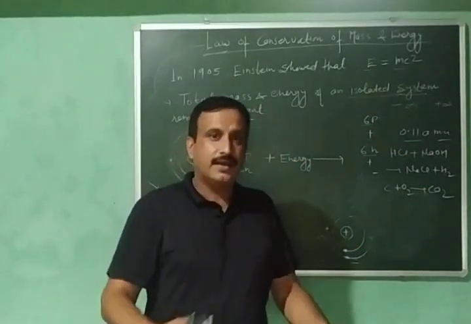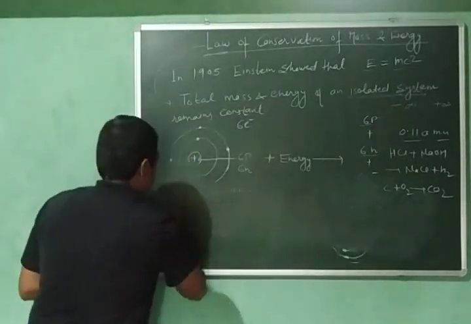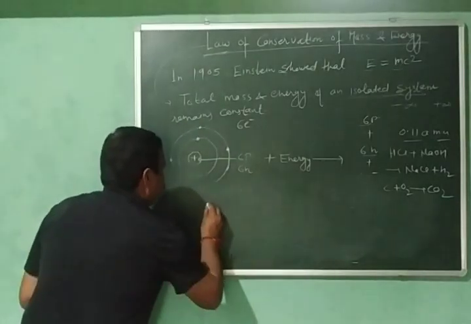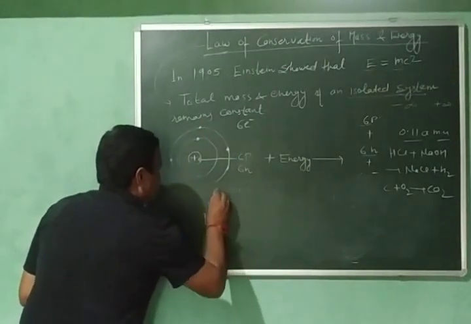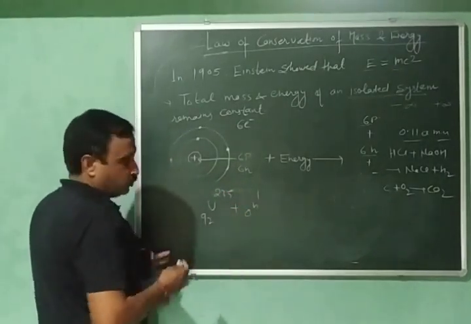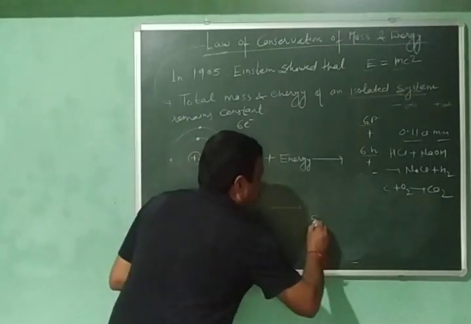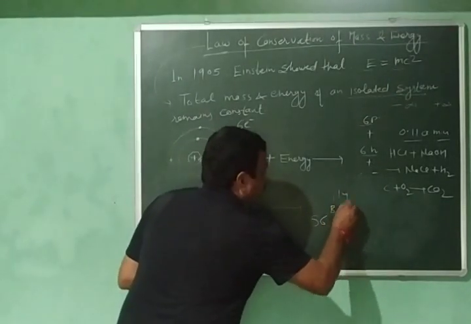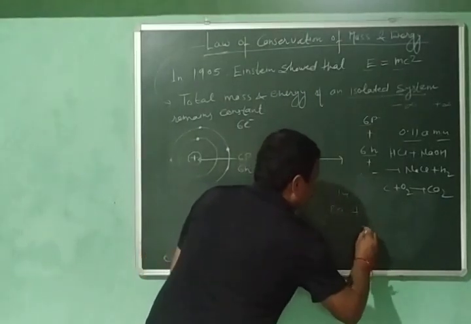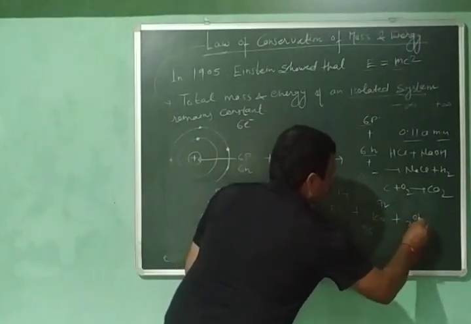Understanding or not? I can write a nuclear reaction for you. For example, this is uranium-235 and I bombard it with neutrons, and what do I get? I get barium, krypton, and 3 neutrons.